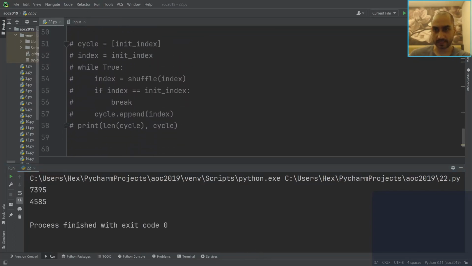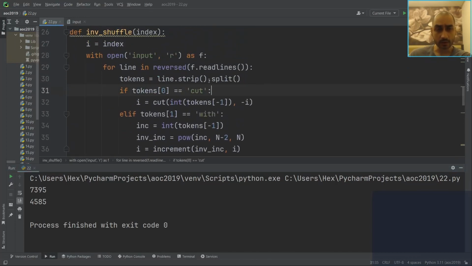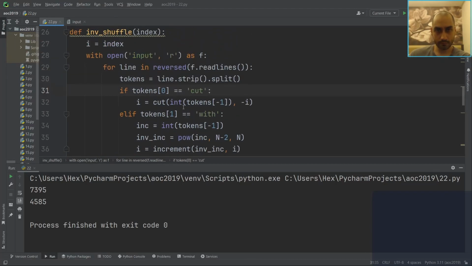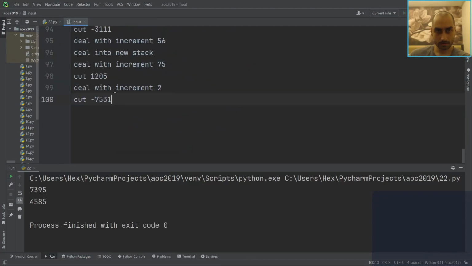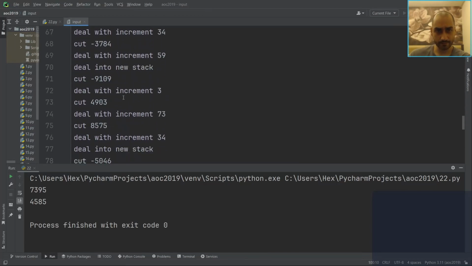This shouldn't be too hard to get right. There's probably a small error somewhere. I mean, this is not that complicated. So just going backwards through the f.read lines, and we're doing each step the inverse of the step.